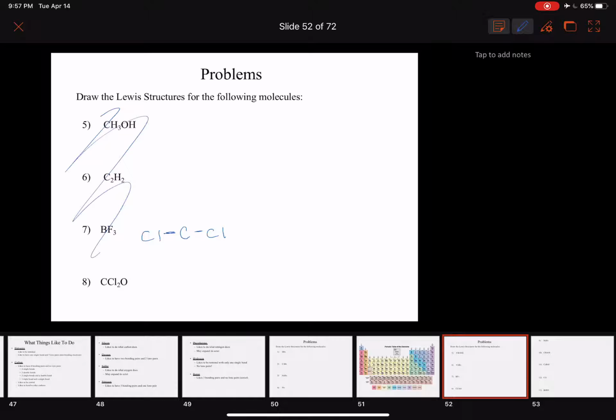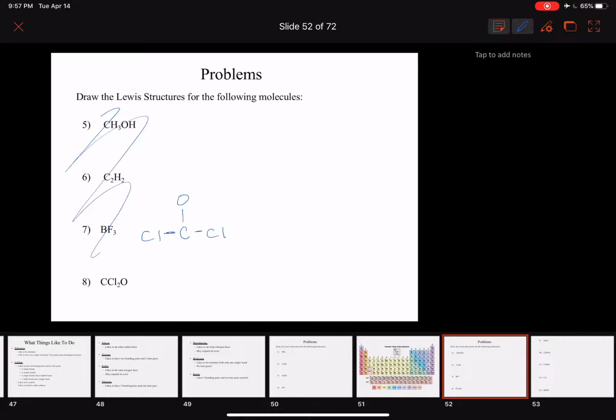And we know that carbon likes to be central, so let's go ahead and put the oxygen up there. Now looking at this thing, we know that there's going to be some lone pairs in there, and we can see that that carbon only has a sextet, and we can see that the oxygen's not happy and it doesn't have an octet.